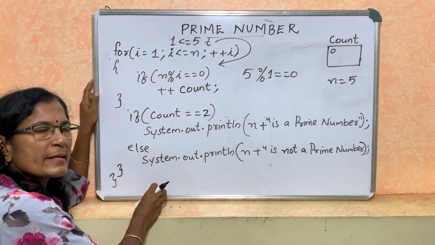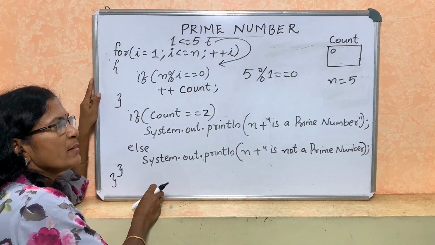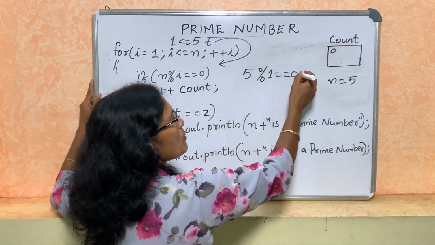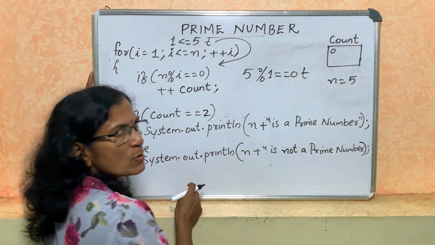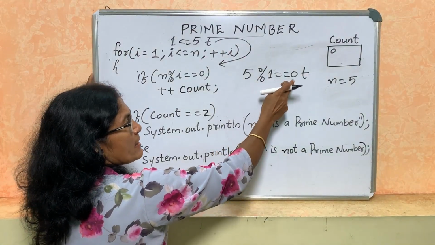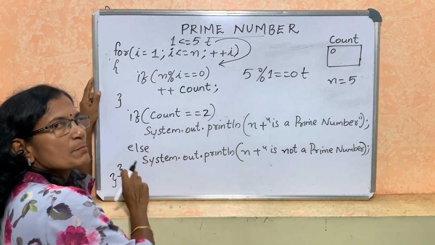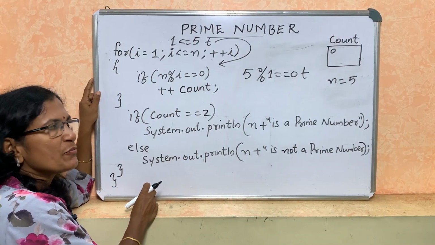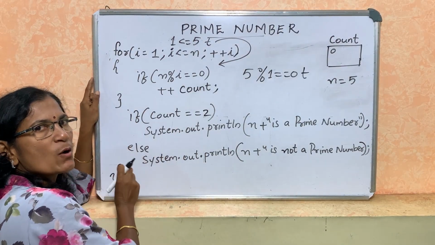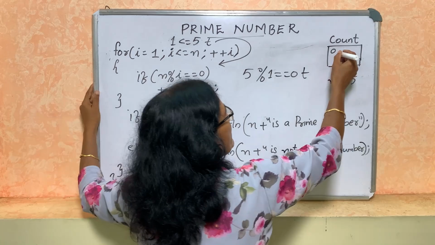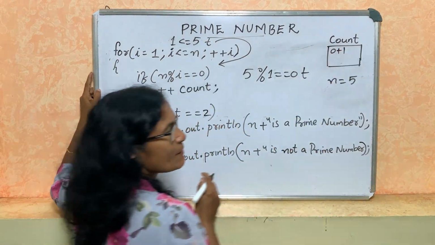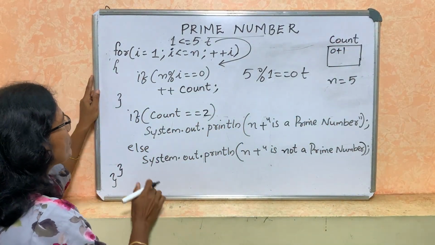Yes, 5 is completely divisible by 1. So 5 modulus 1 is equal to 0. It is evaluated to true. As the condition is evaluated to true, count is incremented by 1. As 1 is a factor of 5, we have to increase the count variable by 1. So count is incremented by 1. The initial value of count was 0.